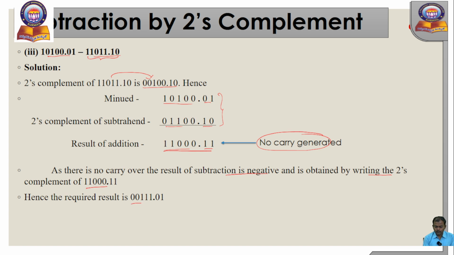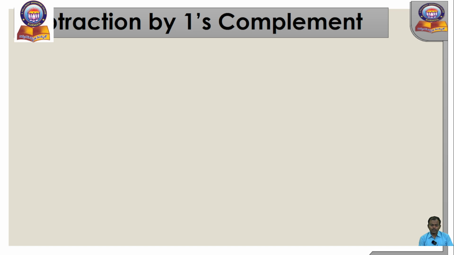So I have to find the 2's complement of this, and I will get 00111.01. This is how I can perform subtraction of two given binary numbers using 2's complement. Similarly, you can also perform subtraction by using the 1's complement method.